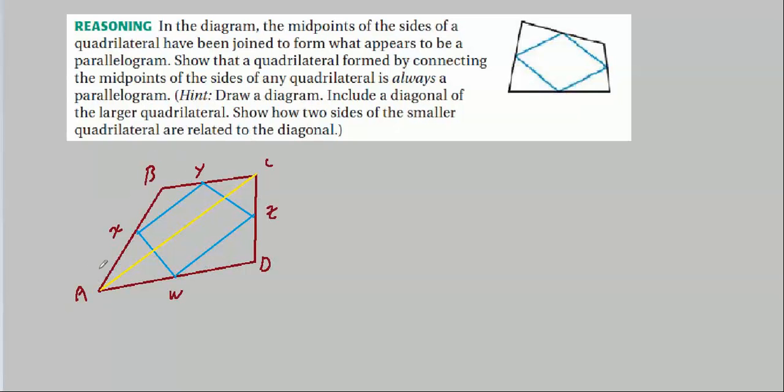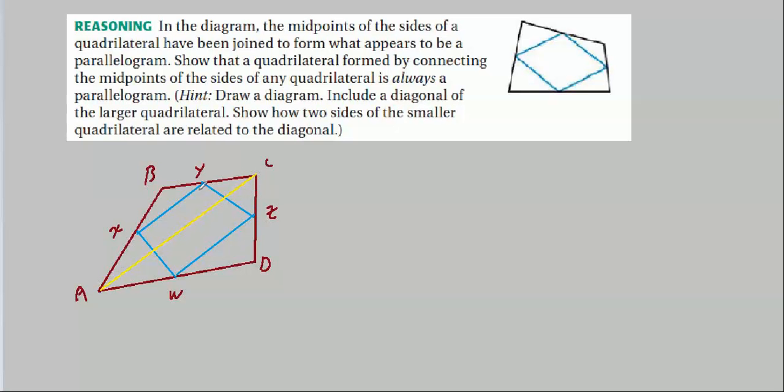Label the vertices of the large quadrilateral A, B, C, and D, and then the inner midsegments, which aren't really midsegments because this whole thing isn't a triangle, it's a quadrilateral. But they become midsegments when we draw this diagonal. At least this one becomes a midsegment for this triangle.